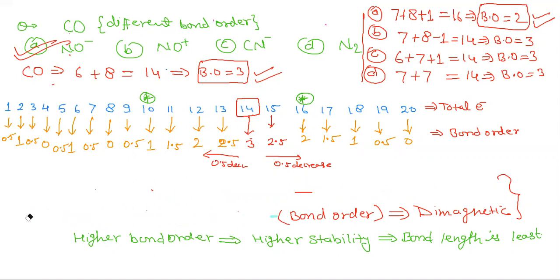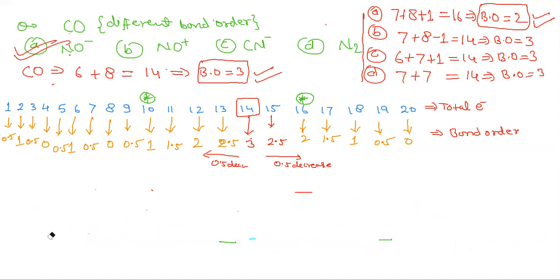Now come to the next. This question was asked in the examination in NEET 2015. Which of the following options represents the correct bond order? Question is that correct bond order.